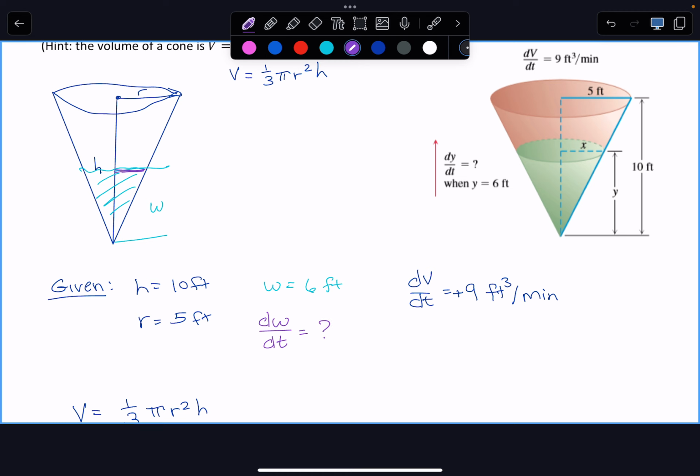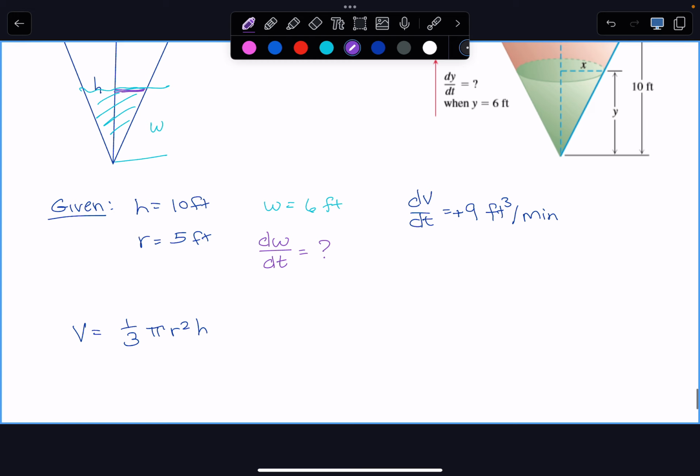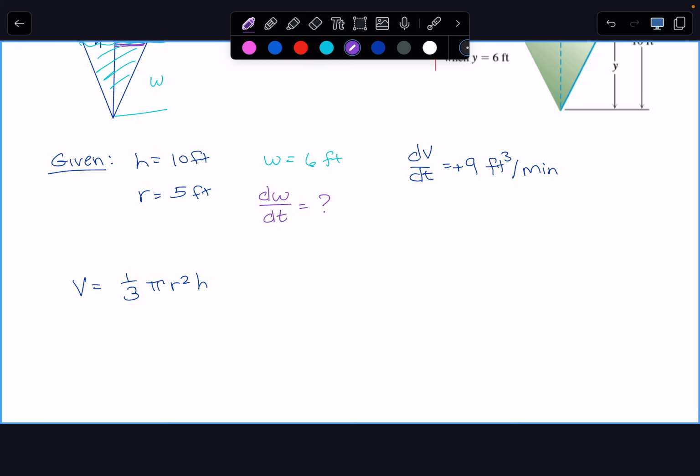So I want that. What I would really like is to get all of this in terms of, let's rewrite it in terms of our W's. So I'm going to write it as V equals 1/3 pi, we'll call it r2, whatever that r at the W is. Or maybe we'll call it r sub w. I like that. r sub w squared times my W. That's wherever I am at that time, when I'm at 6 feet.